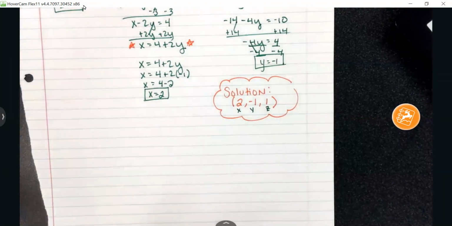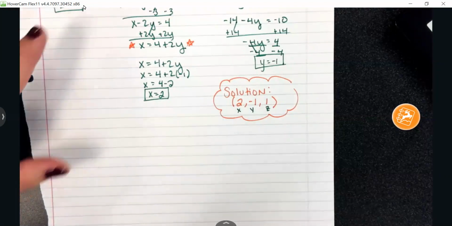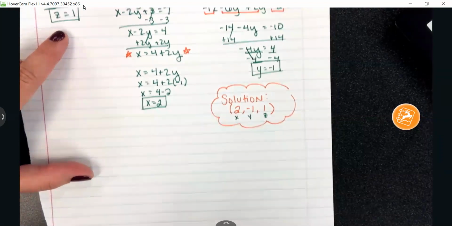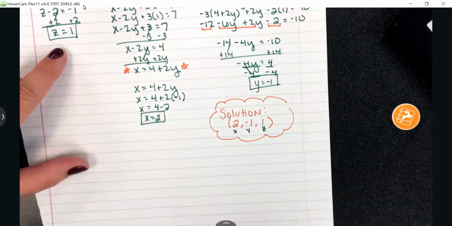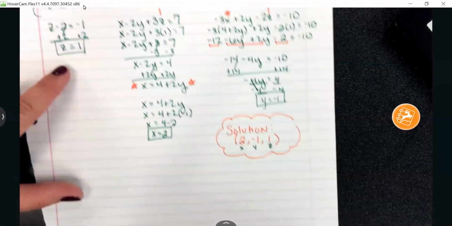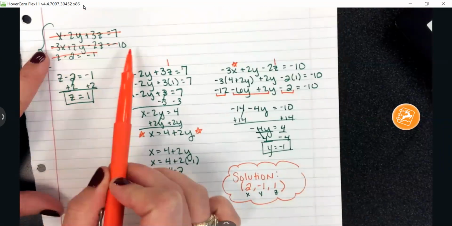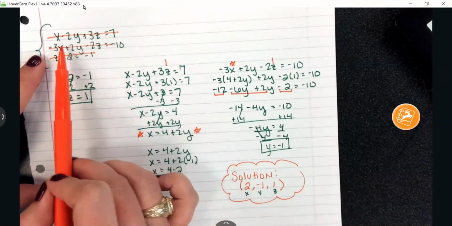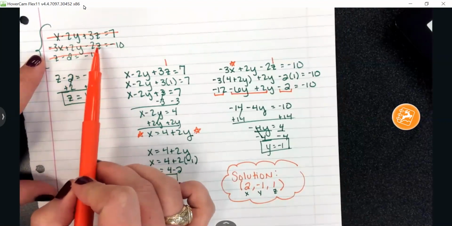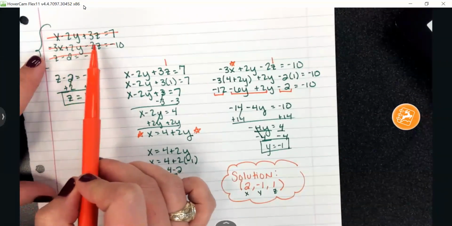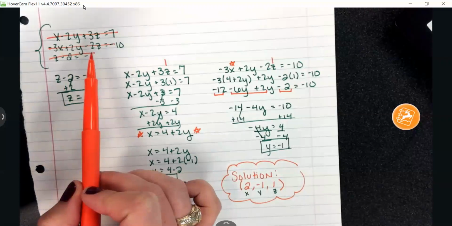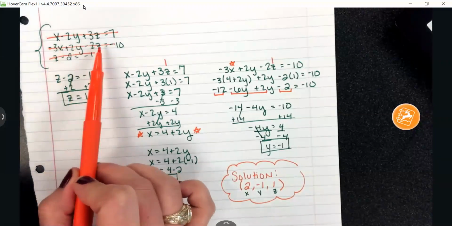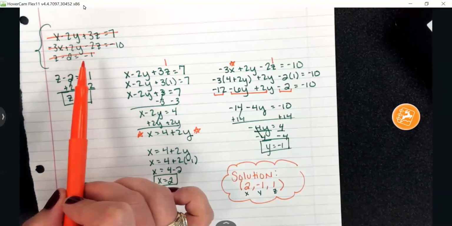Yes, Taylor? I solved a different equation after figuring out what Z was. Okay. How did you choose which one to use? So did you use the second one? Yes. So do you see how every single letter has a coefficient, meaning it has a number in front? I want to avoid that if possible, because that number in front likely means I'm going to get a fraction.